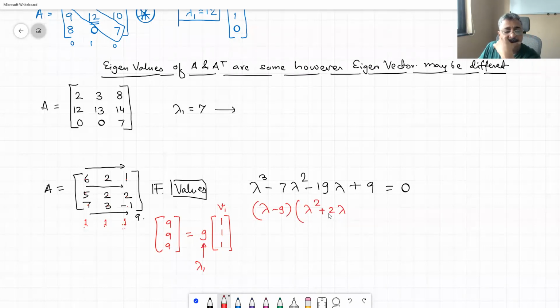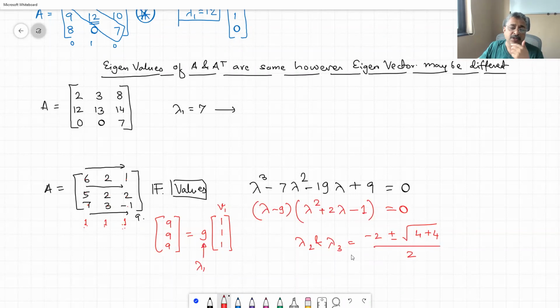So 9 into 2 is 18, minus 1. So this is your factorization, and therefore lambda 2 and lambda 3 are going to be minus 2 plus minus under root b square minus 4ac, that is 4 plus 4, upon 2. These are the two remaining lambda values, which is minus 1 plus minus root 2.